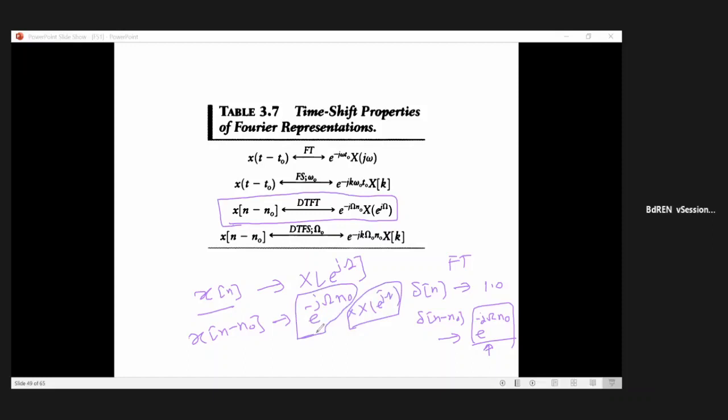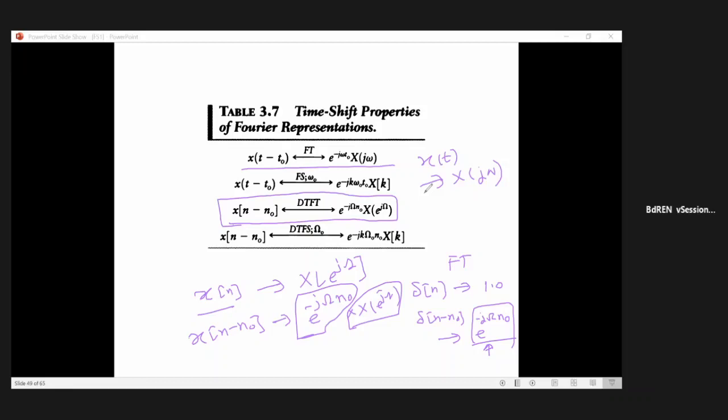That shift factor is equal to e to the power minus j omega n0. The same thing is applicable for continuous time. If we have a signal x(t) with Fourier transform X(j omega), then if we shift the signal, only a multiplication factor due to that time shift will appear, e to the power minus j omega t0.